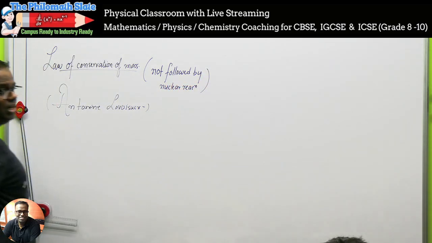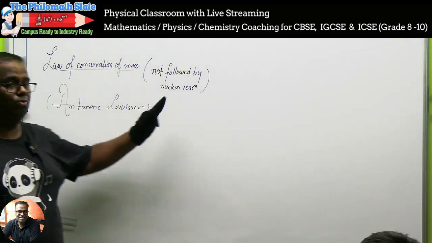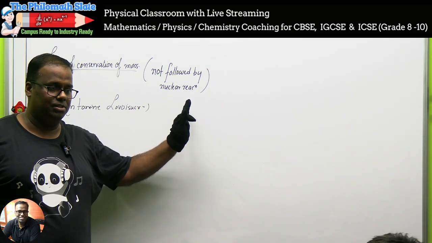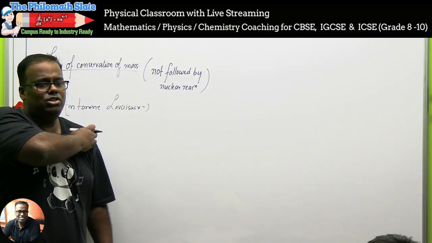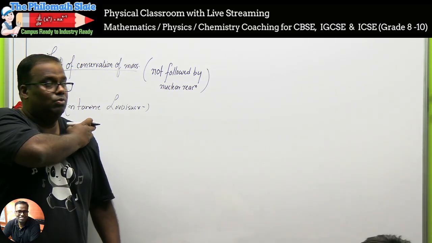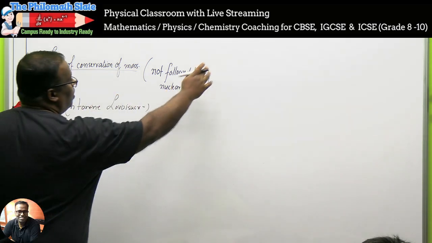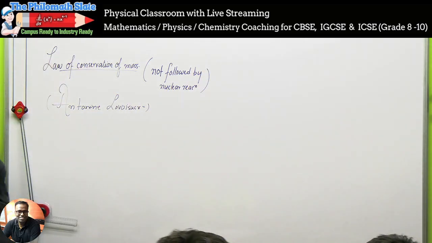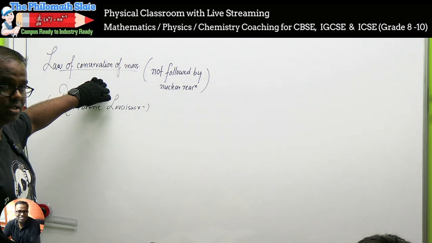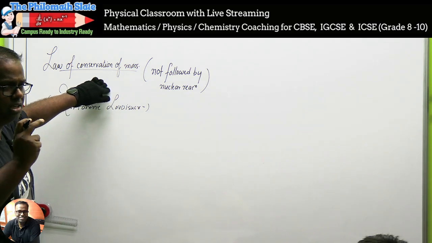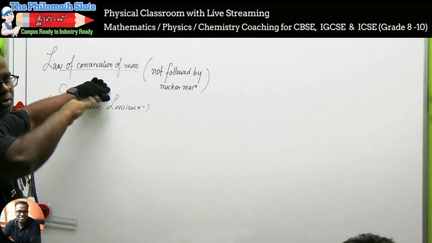If you design an atom bomb, it does not work on the law of conservation of mass. Any sort of nuclear fission that we are doing will never work on the law of conservation of mass. So now the question arises, sir, is this law valid today? Yes, but with a slight tweak. That tweak I'll tell you after we understand the law.